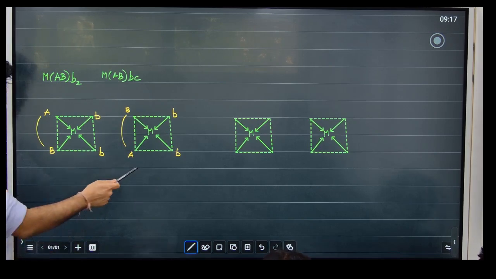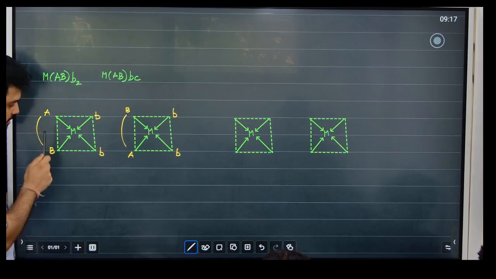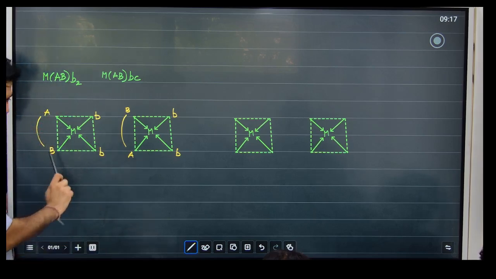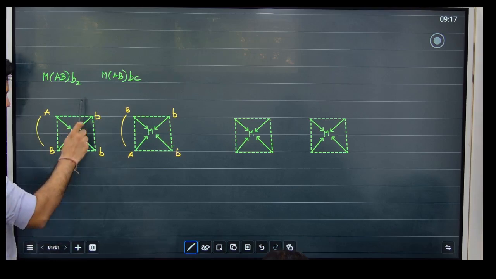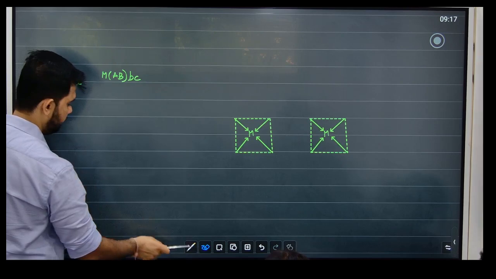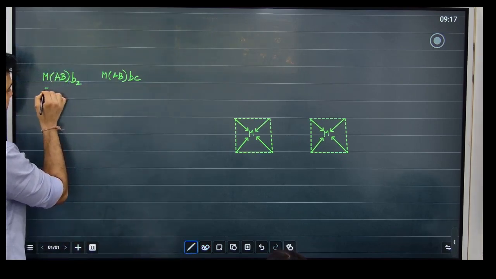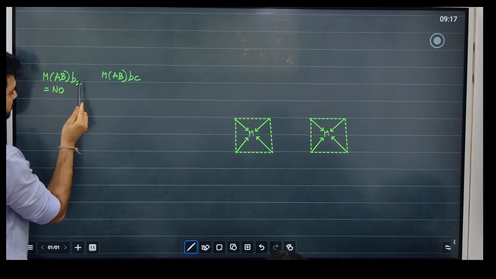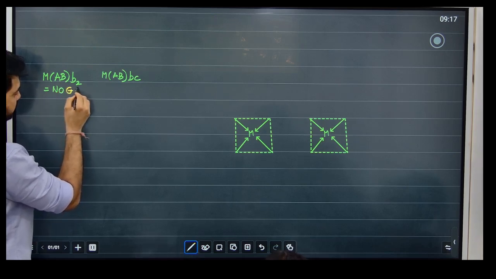Yes? And this is trans. What makes you say this is cis? Both are the same structures. Will it show any GI? Nope. MABB2 has no GI.